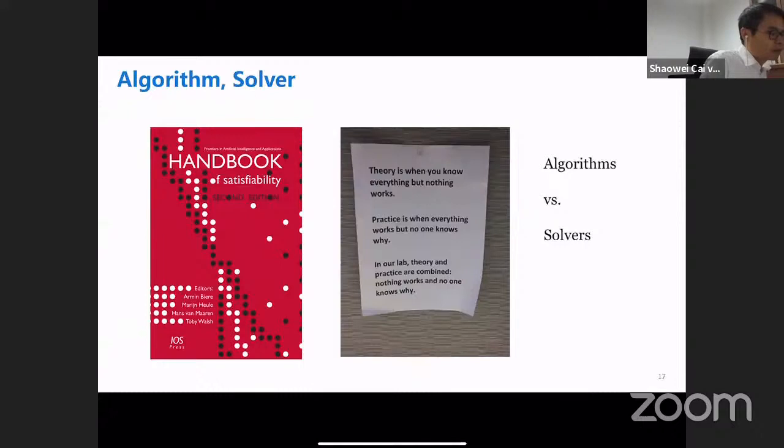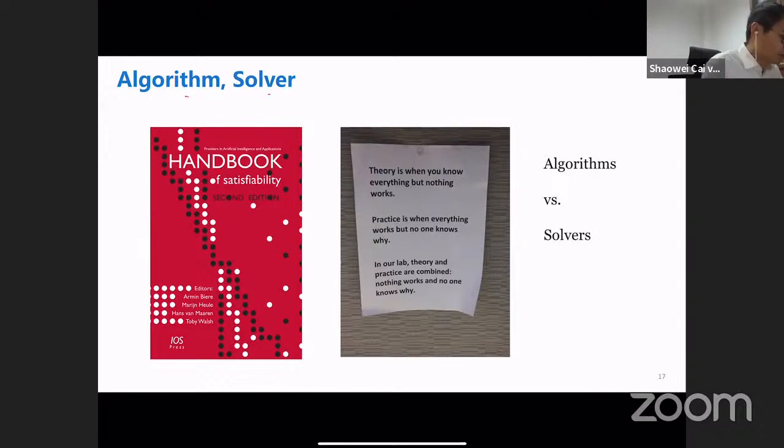Okay, now we have talked about some SAT algorithms. Before we go further, we need to bear in mind what we are talking about. Because in SAT, we can talk about algorithms, we can talk about solvers, but they are different in different contexts.